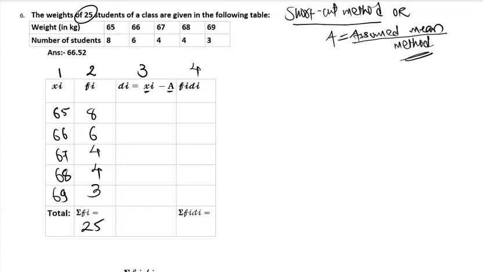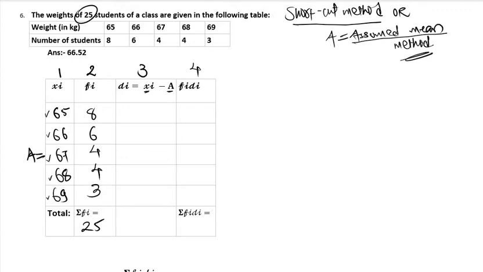You have to choose one of the numbers in the middle of the observations, 65, 66, 67, 68, 69. There are total 5 observations. In the middle there is the third observation. So this will be the assumed mean.